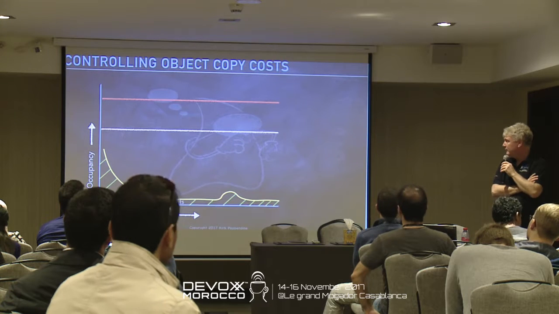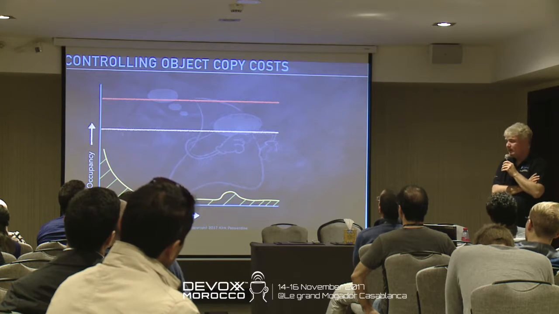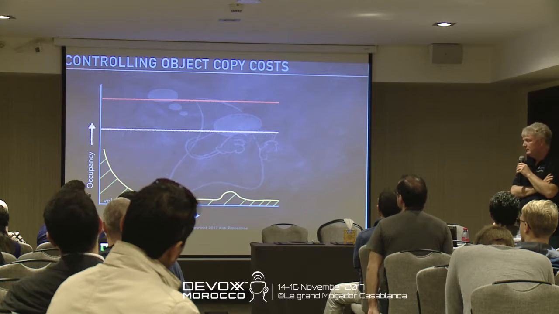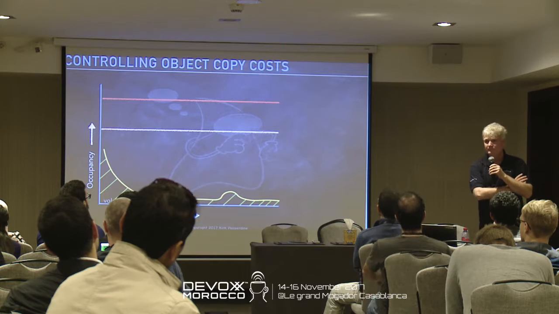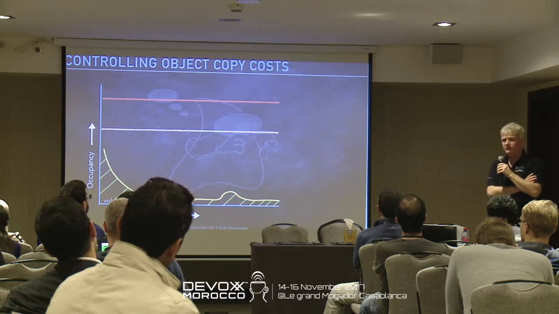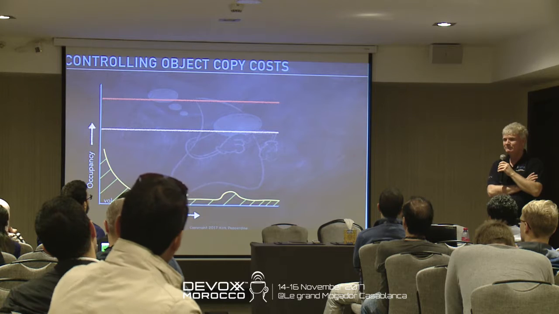You can see, you just make it go from the white line to the red line, but the impact on the pause time should be constant. Should be no impact on the pause time. And we've actually used that technique successfully in a number of different cases to tune the collector.